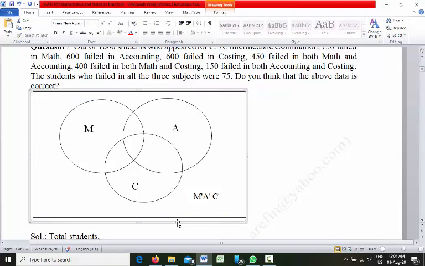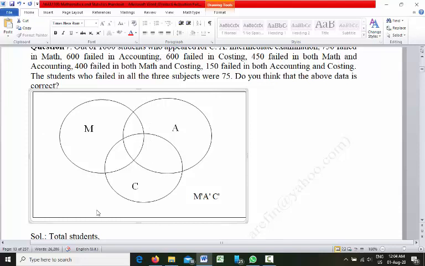So the total area covered by all these three circles cannot exceed the total rectangular area. I'm saying again, the total area covered by all three circles cannot exceed the total area covered by the rectangle.